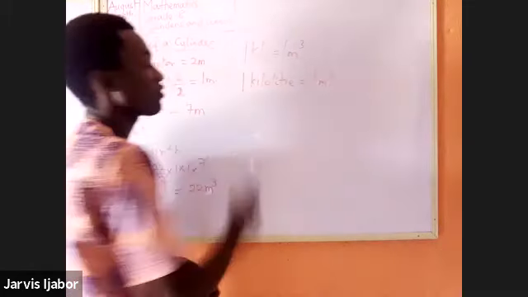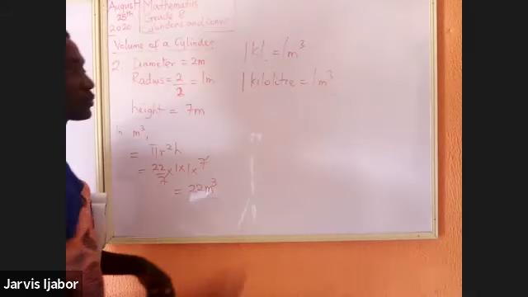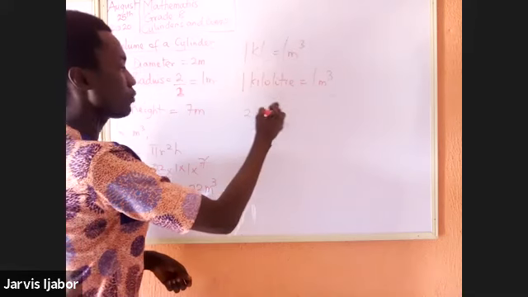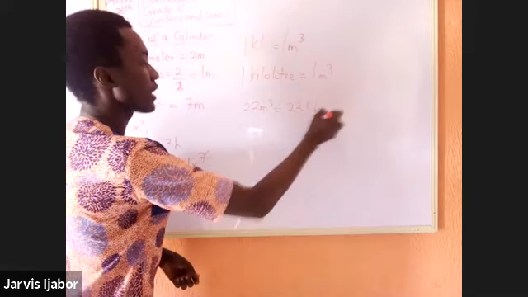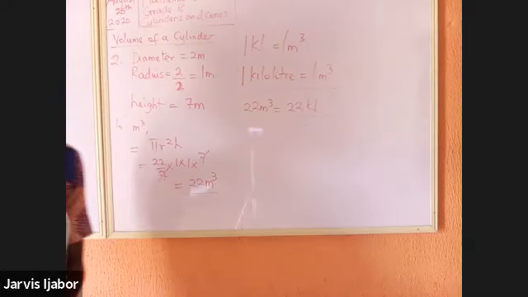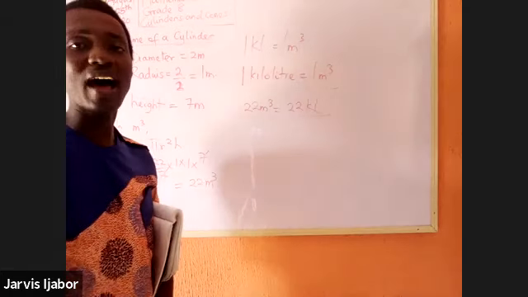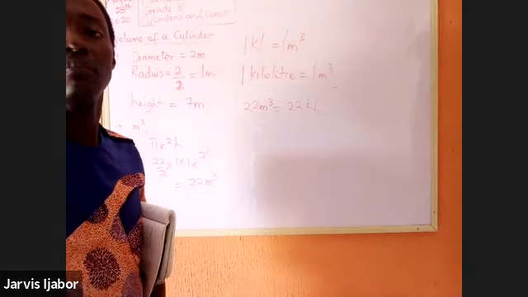So that's the conversion. It means that if I have 22 meter cube, it will now be equal to 22 kiloliters. So that settles that.